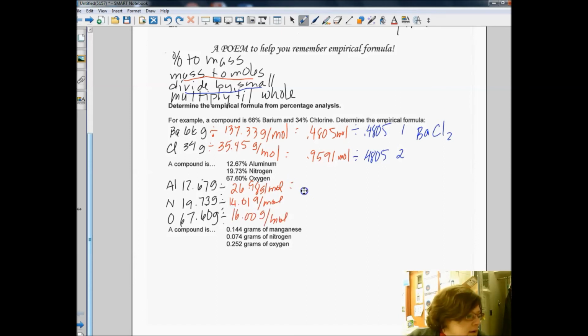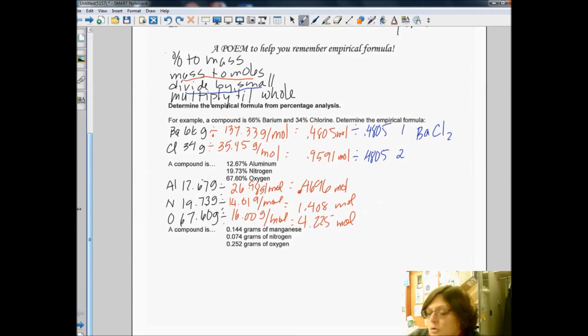That gives us 0.4696 moles of aluminum, 1.408 moles of nitrogen, and a whole lot of moles, 4.225, of oxygen. Okay? It's always easiest if we can use whole numbers.